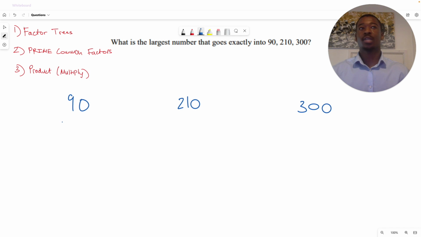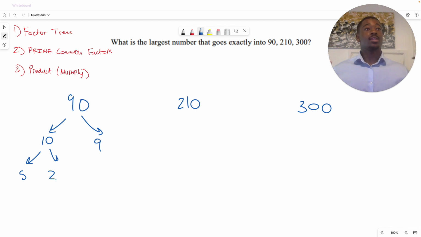90 can be broken down into 10 and 9. 10, 5 and 2. 9, 3 and 3. Remember, we always stop at prime numbers, so we're done with that one. 210.